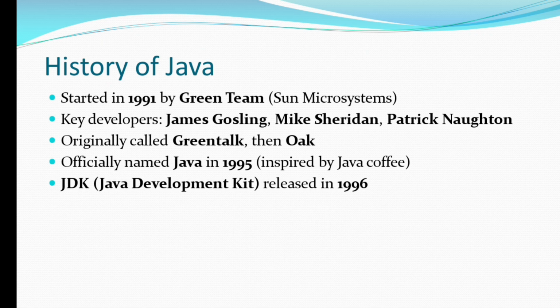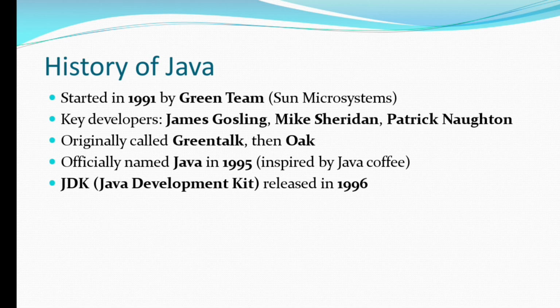James Gosling is also called the father of Java. He played the main role in developing this programming language. Before Java, the original names of this programming language were Greentalk and Oak. Later it was named Java. Finally, the official name Java was given in 1995.